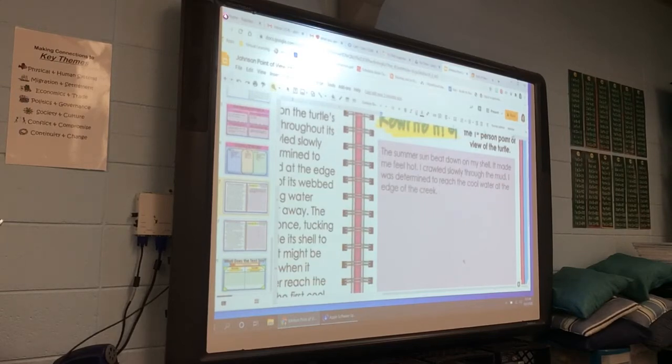So after this turtle crawled up to the mud and was determined to reach the cool water, that's going to be where you guys are coming in next. Shell. Right here, Glory, after shell. See where my mouse is going? No. Okay, well, hold on.